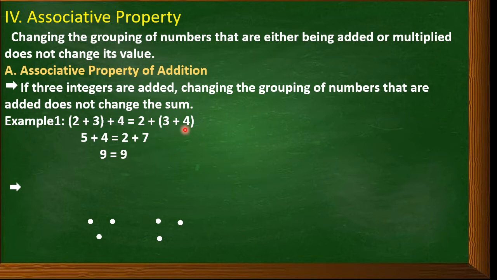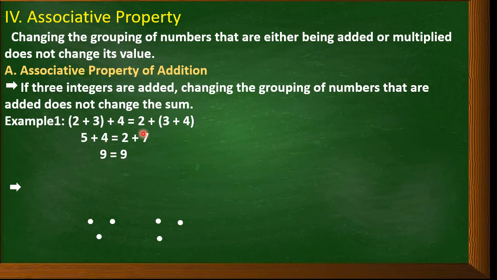But once we find the sum, they have the same answer. So, this is associative property. Now, let's check if they have the same sum. Here we find the sum first of 2 and 3. 2 and 3 is 5. Bring down 4. And 5 plus 4 is equal to 9.